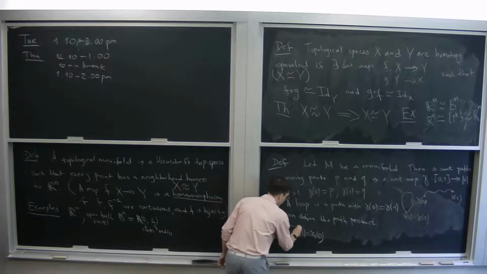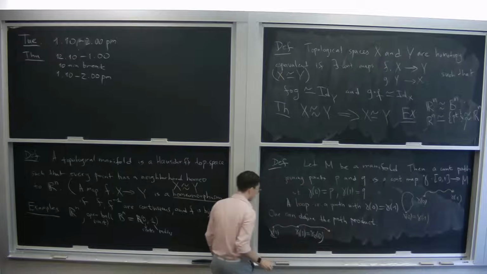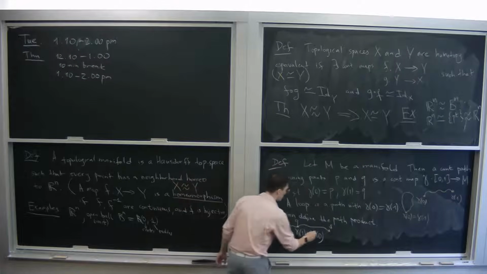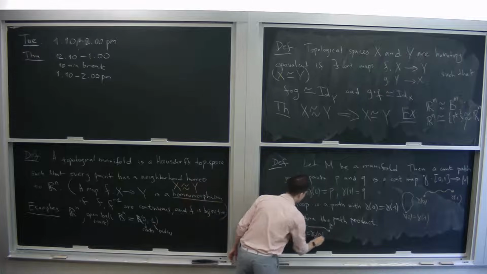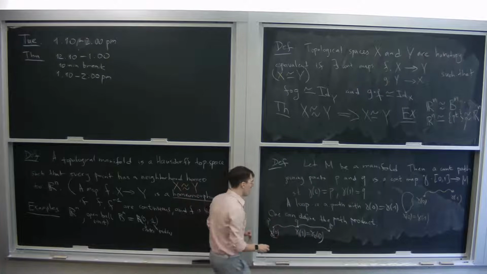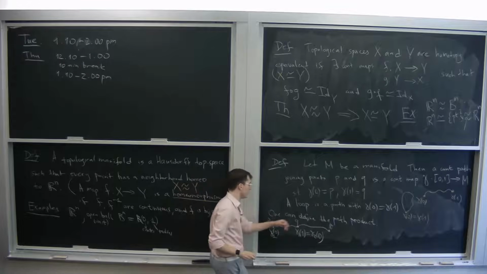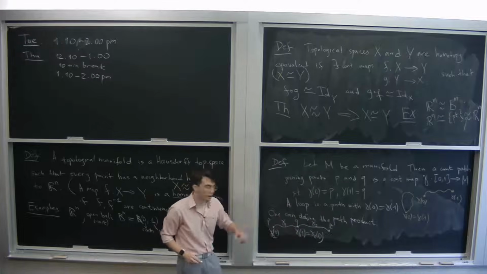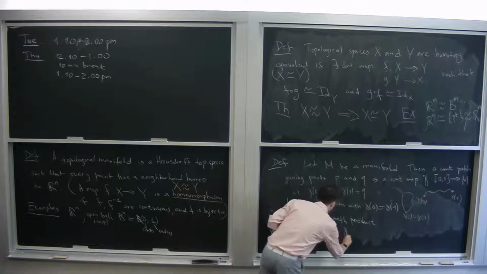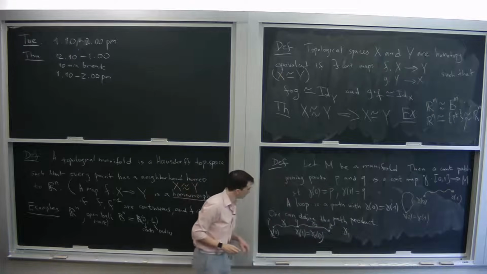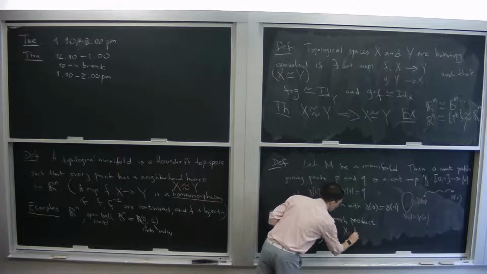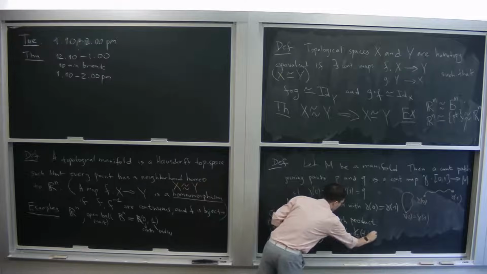So I'm assuming that there are 3 points now, P, Q, and R. The path gamma 1 joins P and Q, and gamma 2 joins Q and R. Then I define the path gamma 1 product gamma 2 of t.